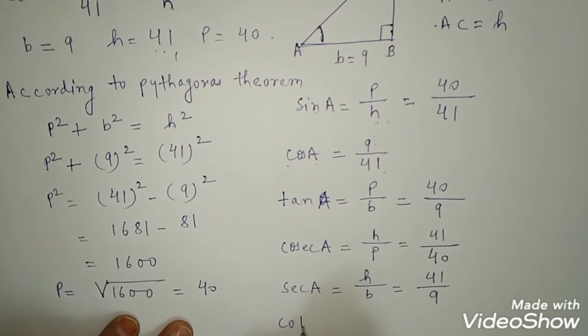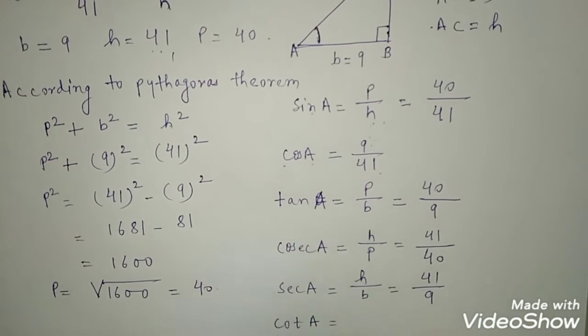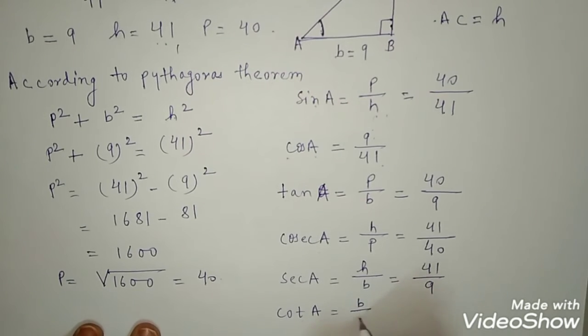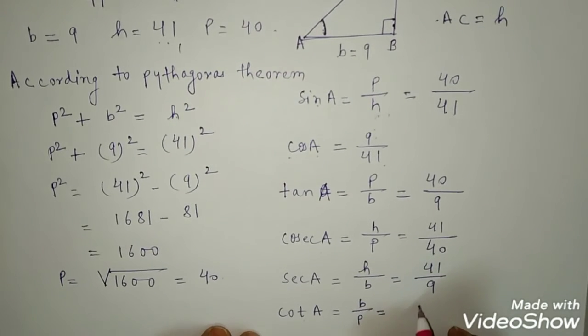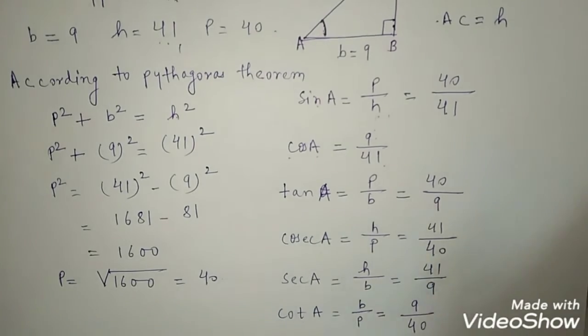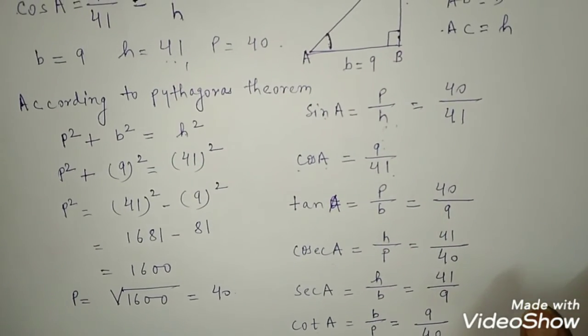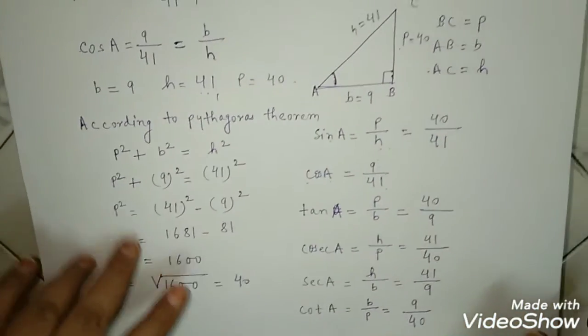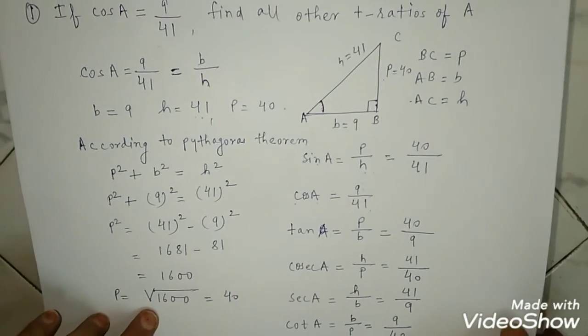And cot A is equal to the reciprocal of tan, that will be B by P, which is equal to 9 by 40. Understood? Solve this in a very simple way. So this is the method we have to follow. Let us go for the second question.